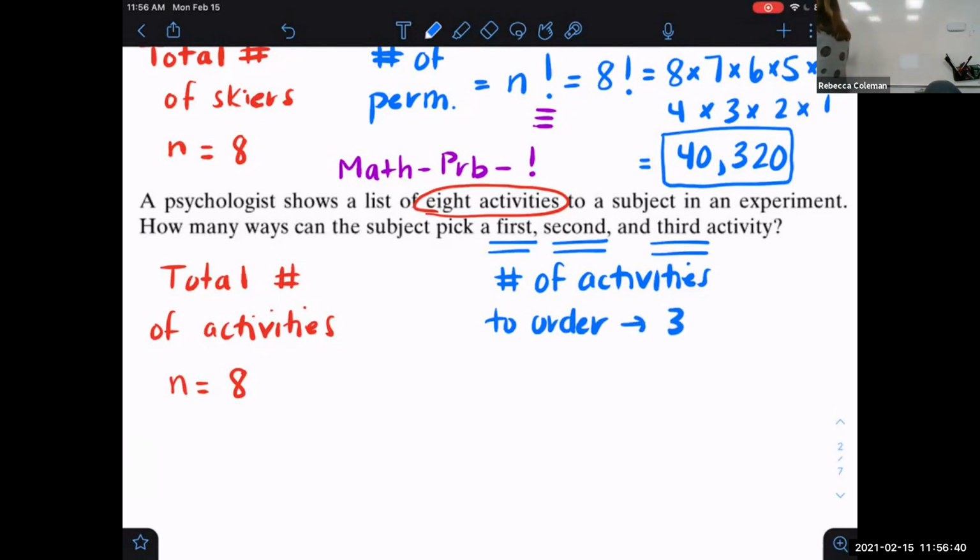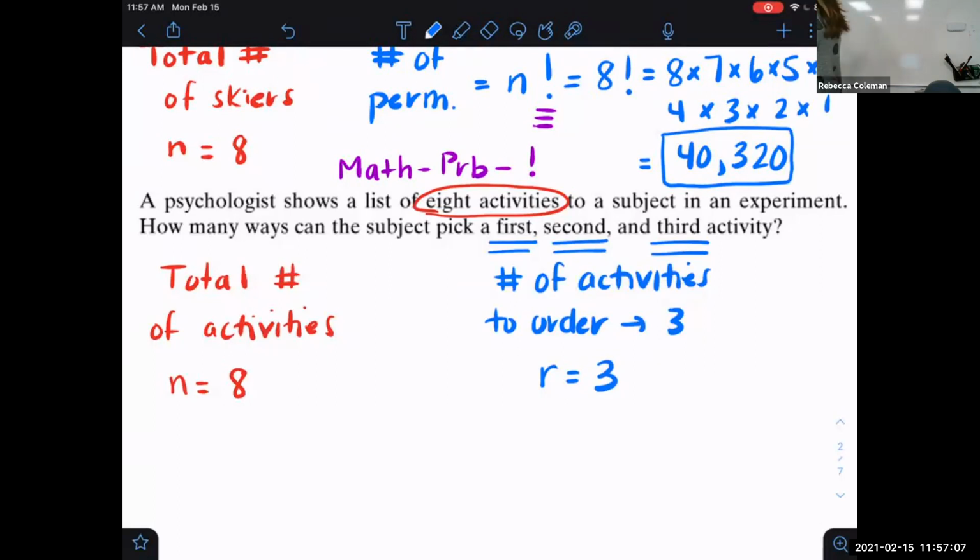We just want a first, a second, and a third place. When you're not ordering everything, this is typically introduced as a second variable, labeled R. N is the total number of objects. R is the number of those objects that you wish to arrange in order if it's not all of them, which is what happens here.